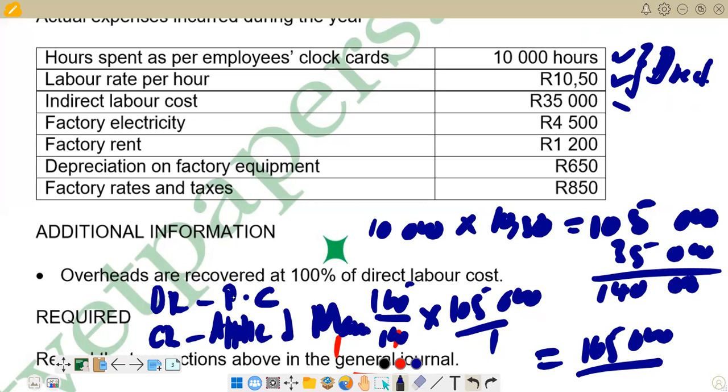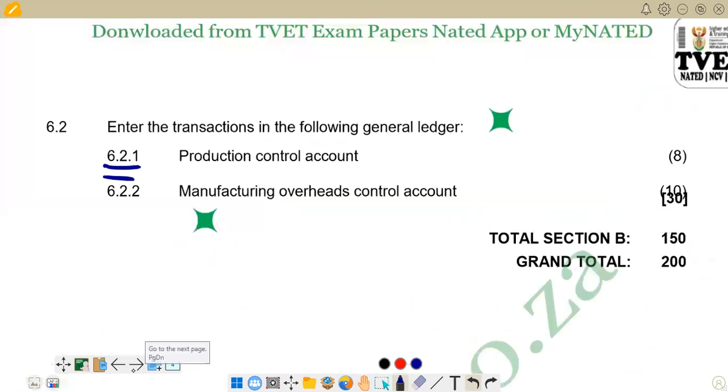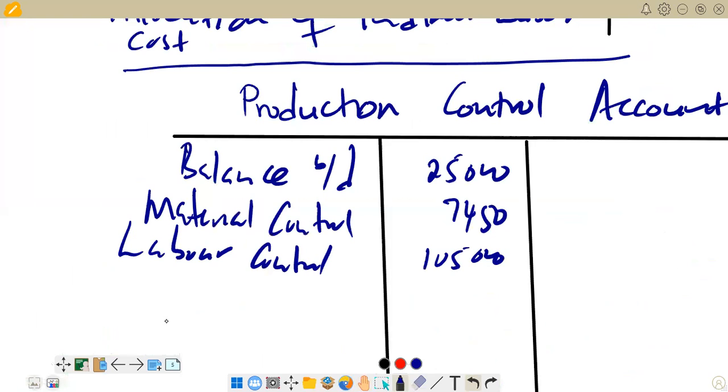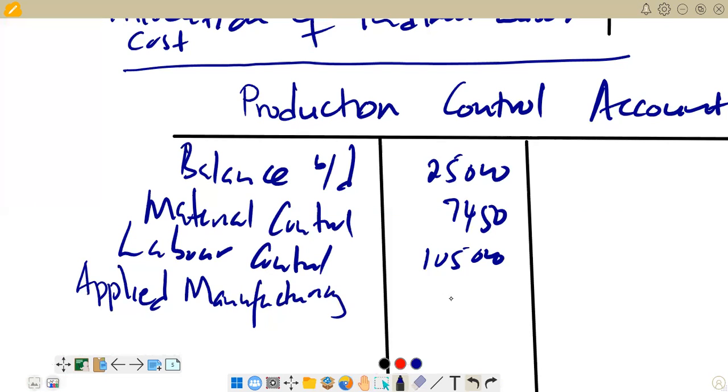We're just going to the debit side of the production control and enter this 105,000. So I will go there. We are now saying applied manufacturing, $105,000.